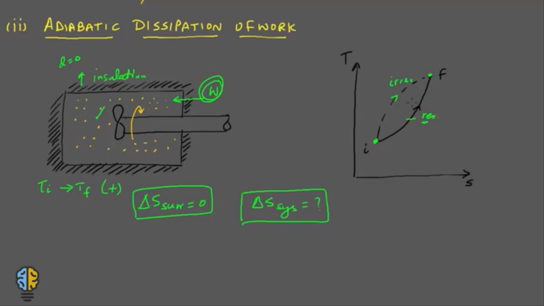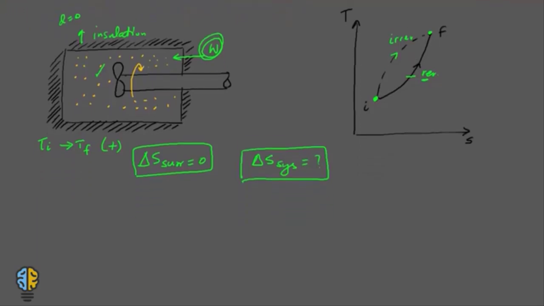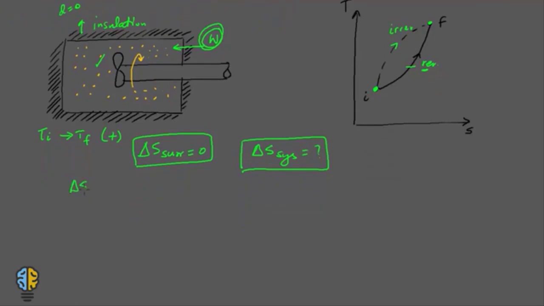With its help, we can perform the integration and find the entropy change of the system between the same states I and F. So delta S for the system is equal to the integral along a reversible path from I to F of dq upon T. Now dq is equal to Cp dT, so this becomes Cp dT upon T, same as the previous video calculations.